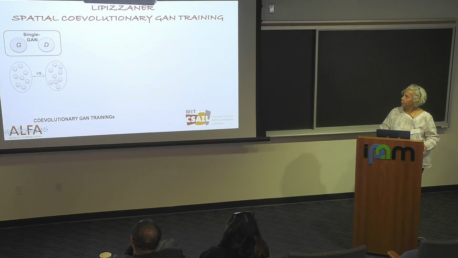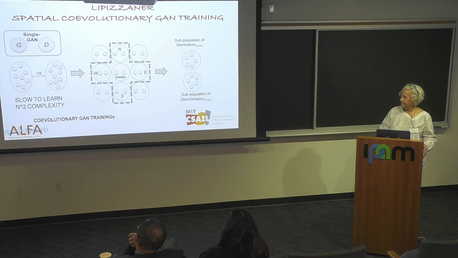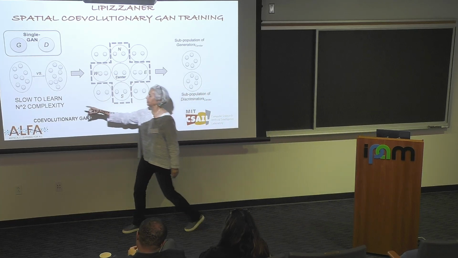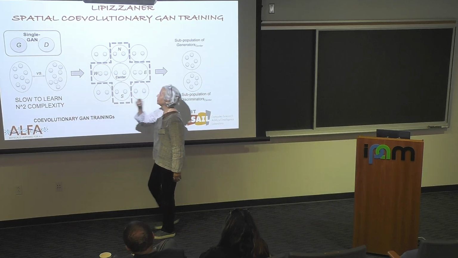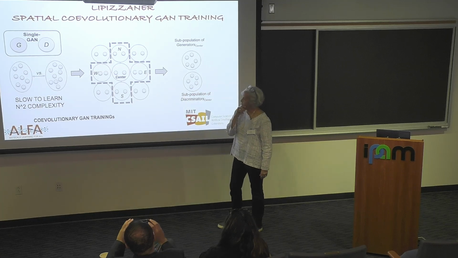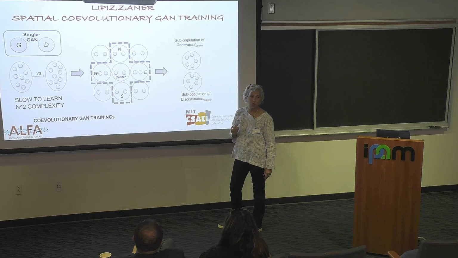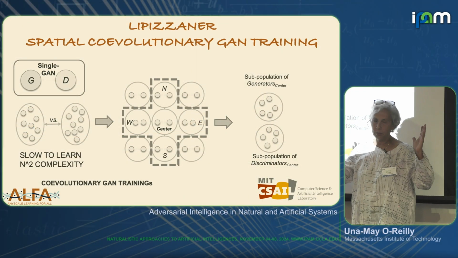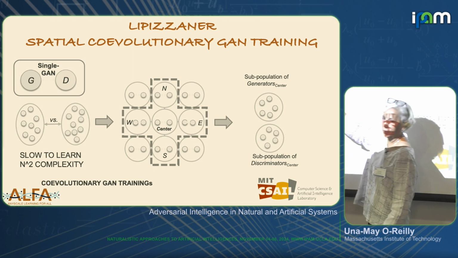That was interesting, but what was much more interesting was thinking about the problem that these are n-squared complexity, which is fairly expensive. So we mapped these populations to a two-dimensional Cartesian grid of cells. At each cell of this 2D array, we put a generator and a discriminator.